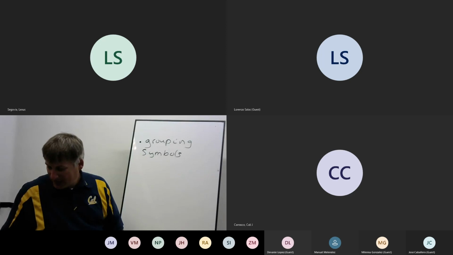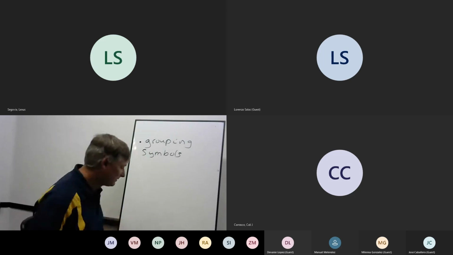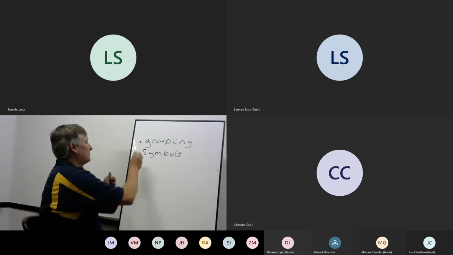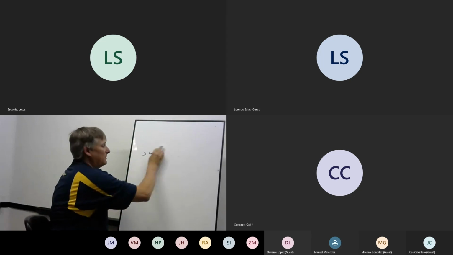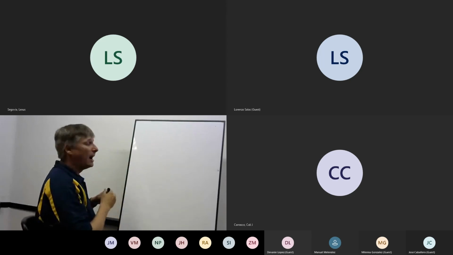So the last things to mention, we have equivalent fractions, and then we have opposites. We'll look at some algebraic expressions and formulas. So going back to negative numbers, opposites.